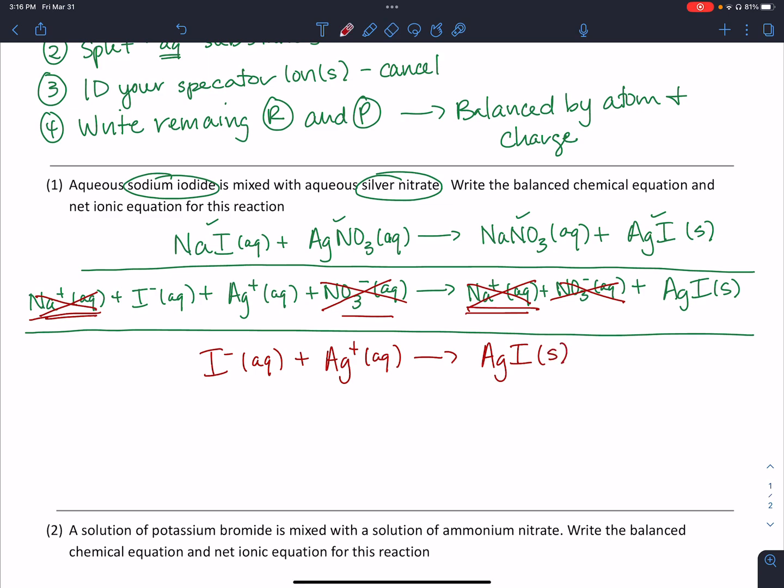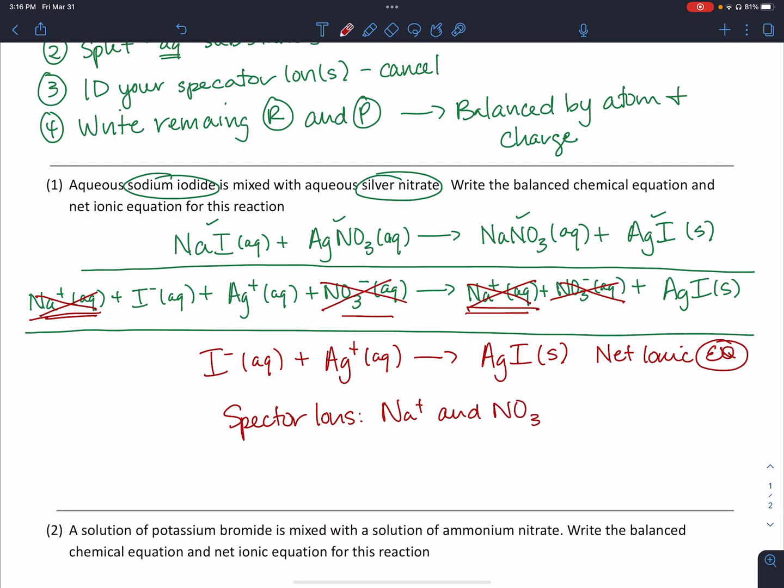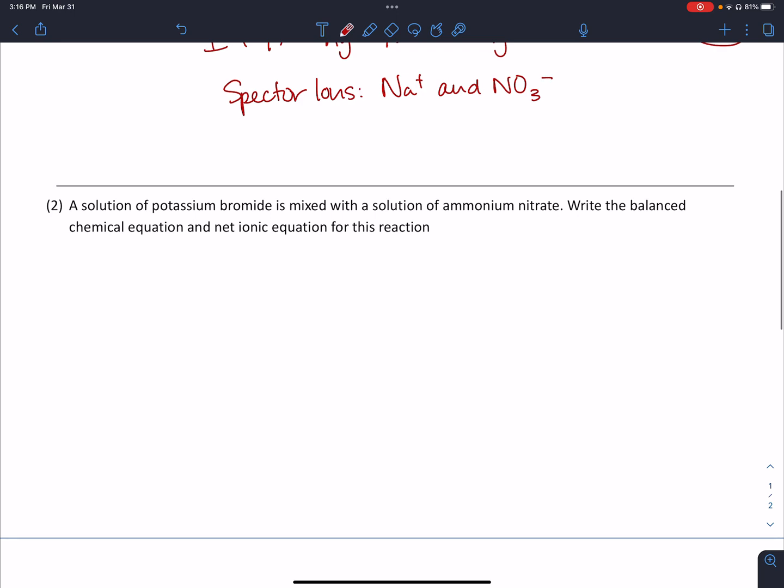So this is going to be my final net ionic equation. The spectator ions are going to be your sodium ion and your nitrate ion. All right, so let's try another one. Let's come down to number 2.